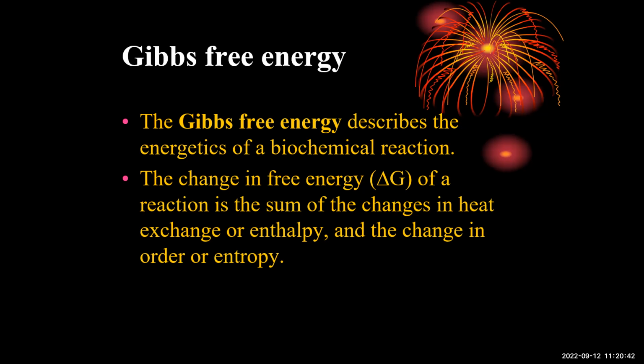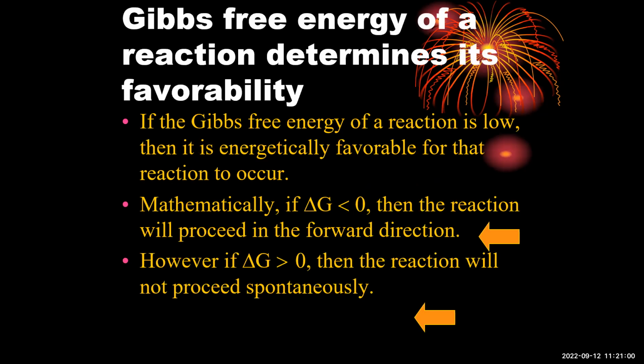The enthalpic change is delta H, and the entropic change is the temperature times delta S. This is the point I was making earlier: if delta G is negative, the reaction is spontaneous and will proceed in the forward direction without added energy.